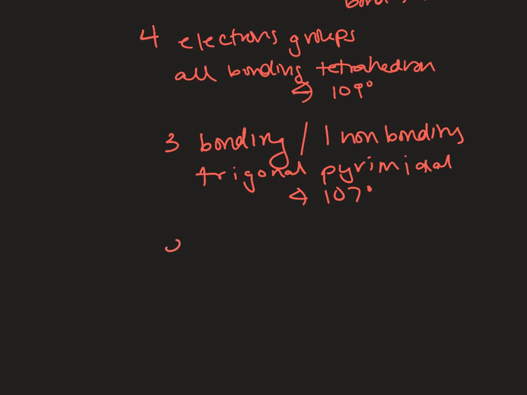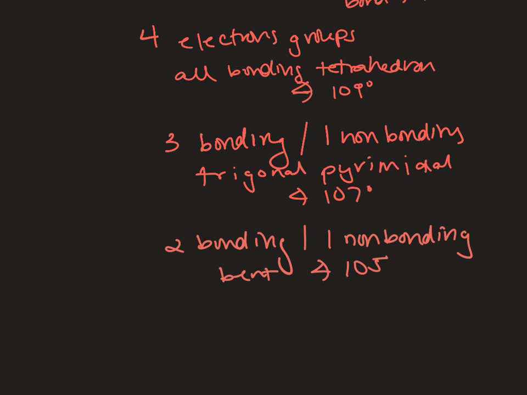And then if you have two bonding and one non-bonding, you have a bent shape, and your bond angle is 105 degrees. So these are the bond angles and geometries that you need to be responsible for.